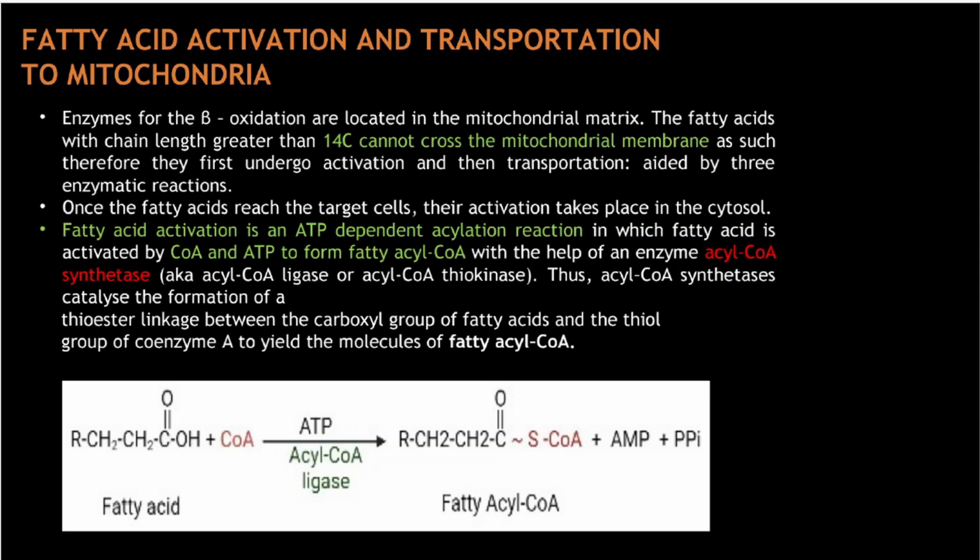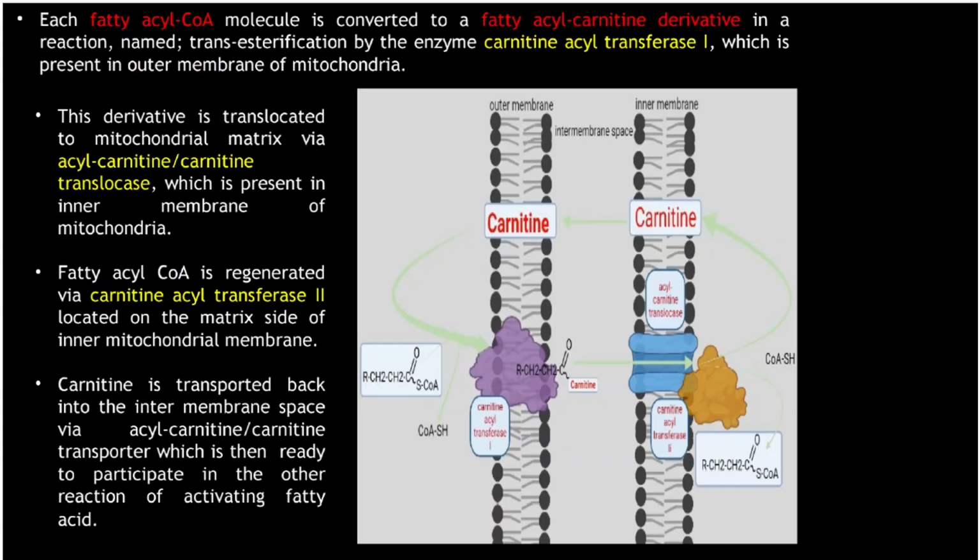Okay, so acyl coenzyme A synthetase can also be called acyl coenzyme A thiokinase. This enzyme catalyzes the formation of a thioester linkage between the carboxyl group of the fatty acid and the thiol group of coenzyme A to yield the molecule of fatty acyl coenzyme A.